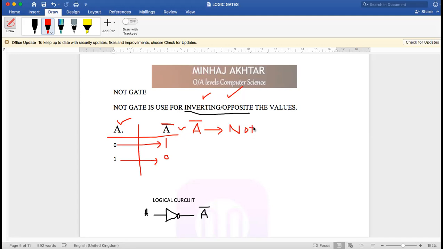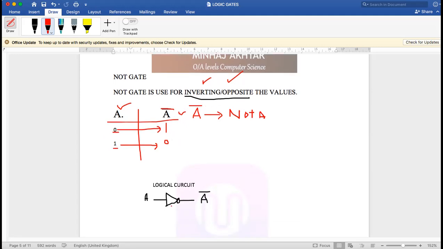You can read it like not A. So remember, if you have a given value 0, not A will revert the value into 1. And if you have a value of A 1, not A will revert the value to 0. So it opposites the value. And we represent not by a bar. And the logic circuit will be drawn like this. Right? Okay. So draw it now.